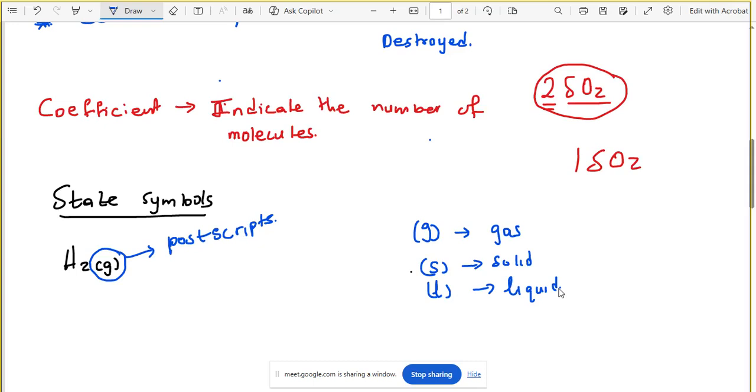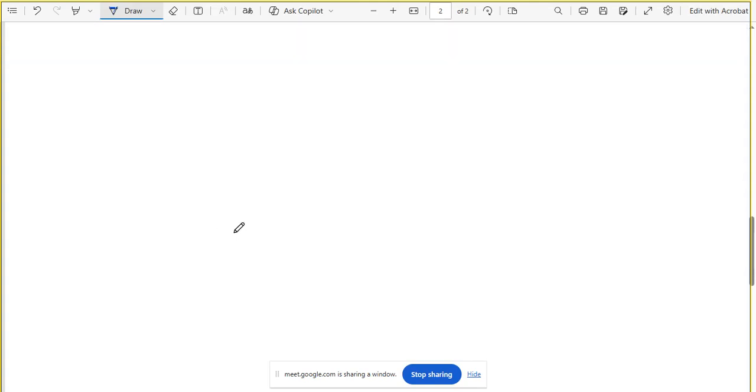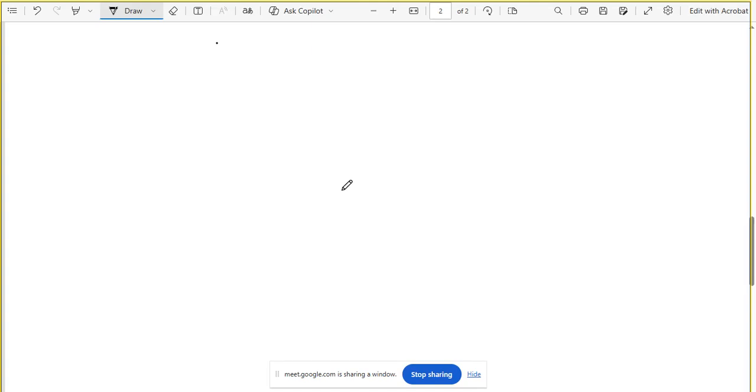Yes. Okay, so now we're just going to do an example on balancing the equation. Then when we're done with balancing the equation, we can move to the next part of the chapter. So when we balance a chemical equation, let's say we have nitrogen, which is N2, it reacts with hydrogen.